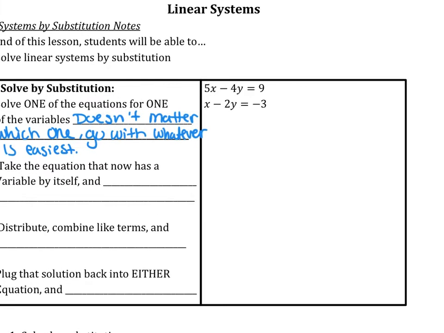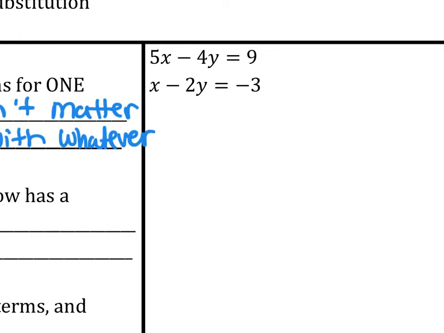So with our example over here with these 2 equations, the easiest variable to get by itself will always be the variable that doesn't have a number out in front of it, because that means you won't have to do any division, so you probably won't have any fractions to deal with.